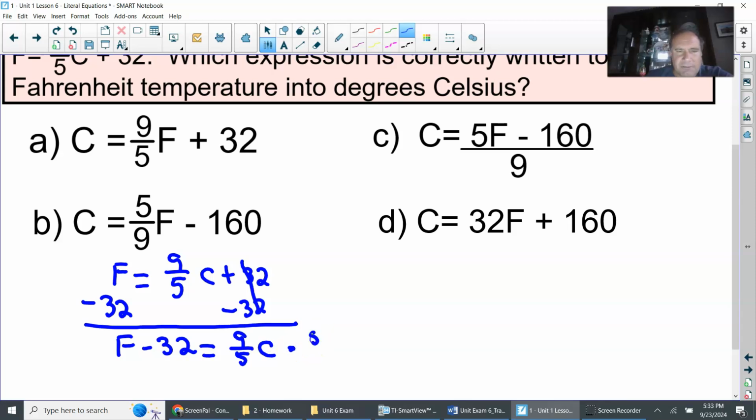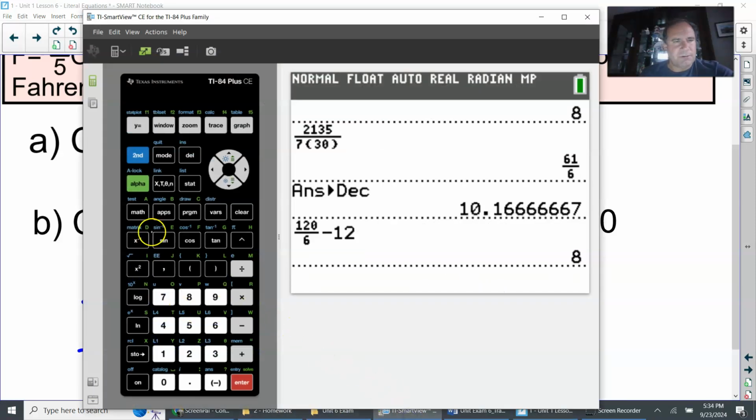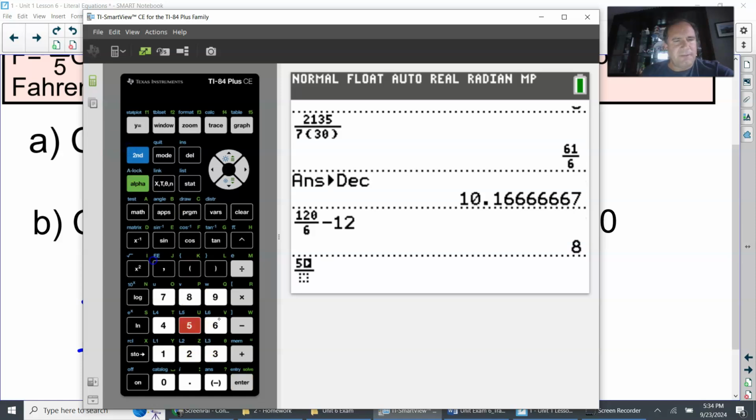Then I want to get rid of the fraction by multiplying by the reciprocal. And when I multiply by the reciprocal, they cross cancel. And then I have some work to do because I don't see any distributive properties. So I am going to distribute. So I'm going to put C equals 5 over 9F. And then I'm going to do 5 over 9 times negative 32. So alpha x, 5 over 9 times negative 132.